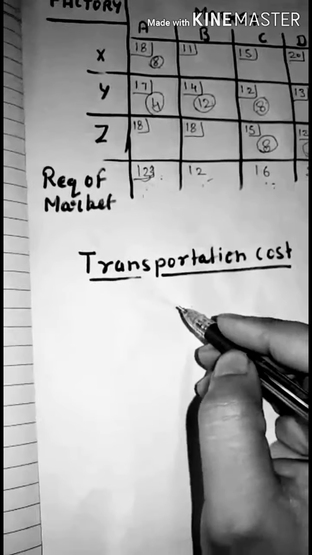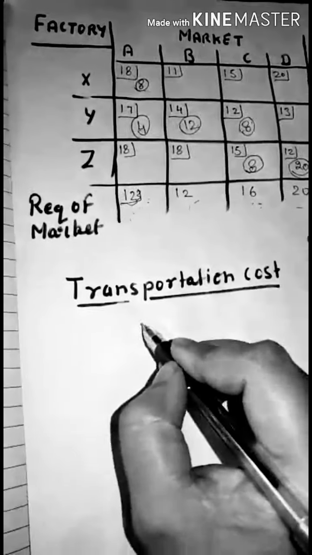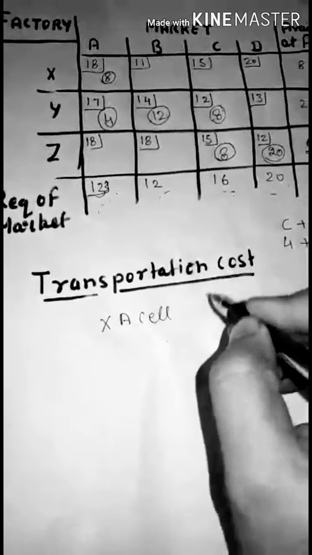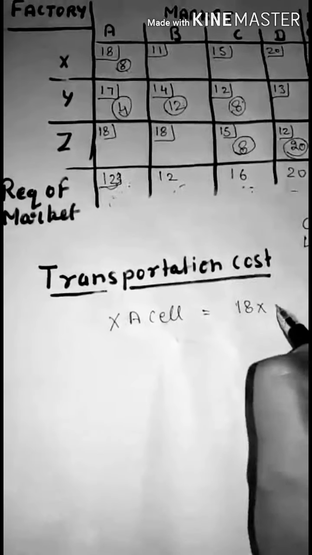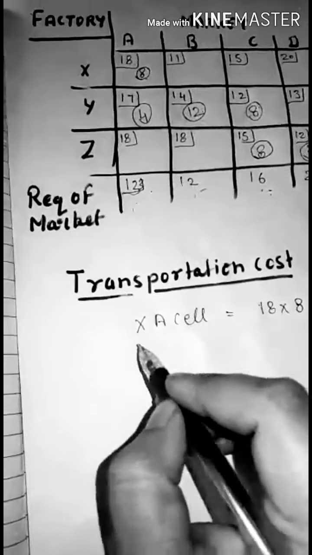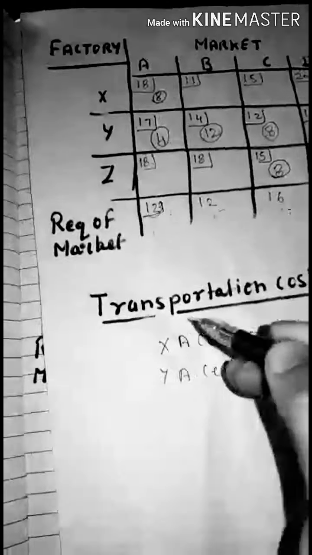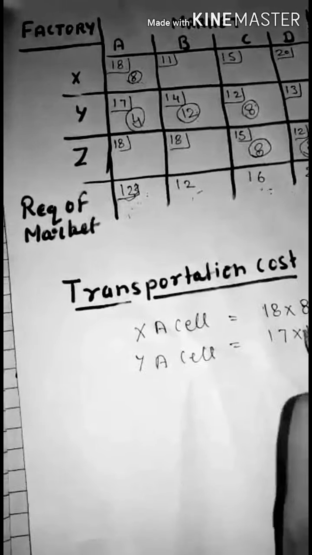Just like this, in XA cell, transportation cost is 18 multiplied by 8. In YA cell, transportation cost is 17 multiplied by 4.